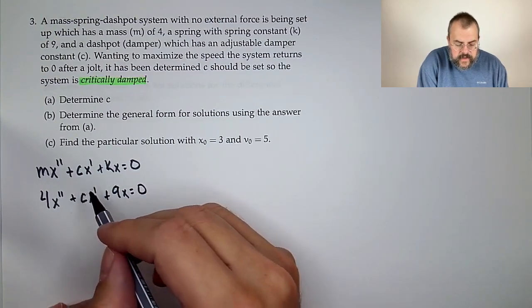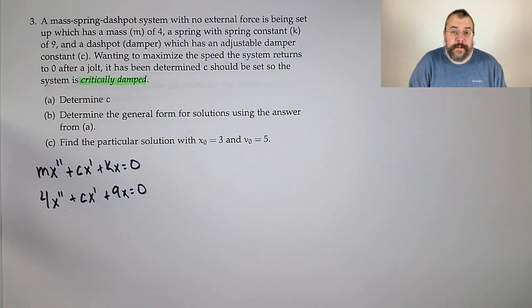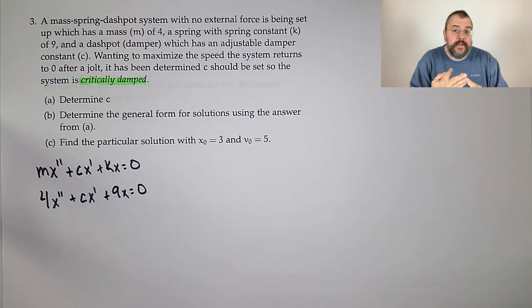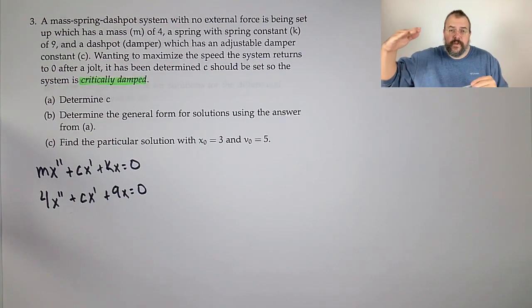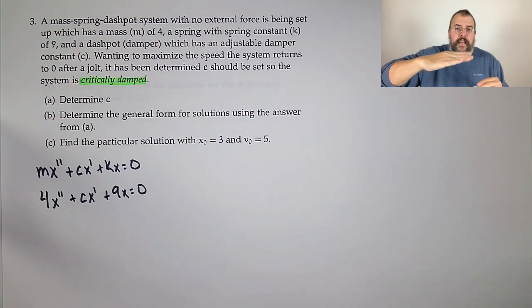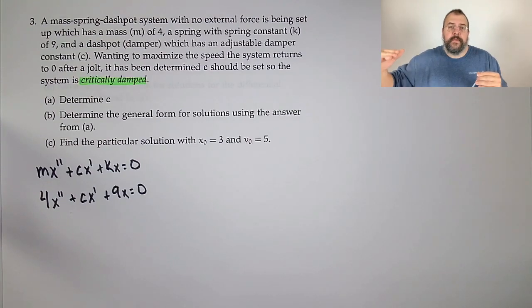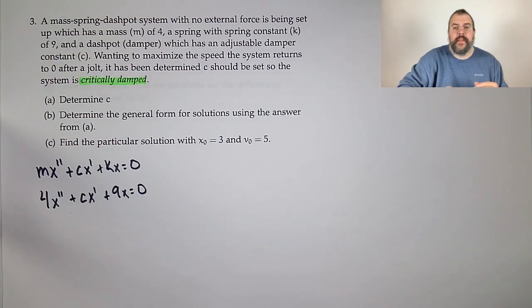So now we come to what does critically damped mean? So remember there's things like underdamping, overdamping, undamped, and critically damped. And what they basically come down to is what kind of numbers you have showing up as roots of your characteristic polynomial. So critically damped is that transition from underdamping, where you have that exponential decay, and at the same time overdamping, where you only have exponential decay.